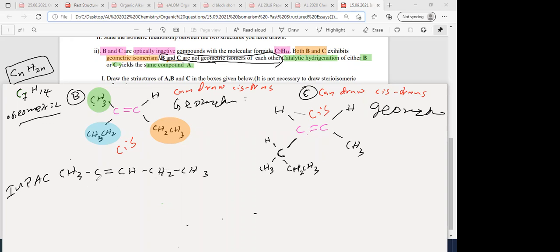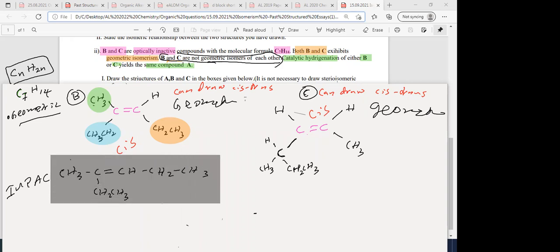So here you have again CH2 CH3. Now can you write the IUPAC name of this? That is easy to number. The same arrangement, I didn't change it, without displaying it geometrically.